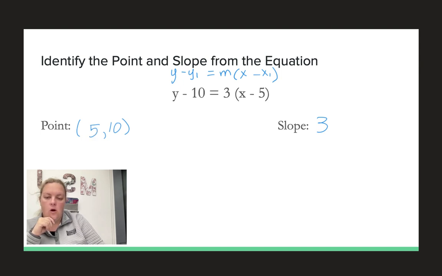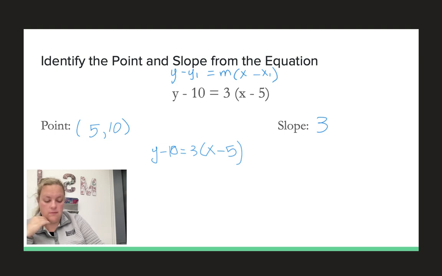Because if we didn't know the point-slope form of the equation, we would be looking at 5 and 10, and we would be writing minus 10 equals 3 times x minus 5. We don't know that form of the equation right away. So in this case, when you are given the equation, if the sign is minus, that part of the point is positive. If the sign is positive, then that part of the point is negative.